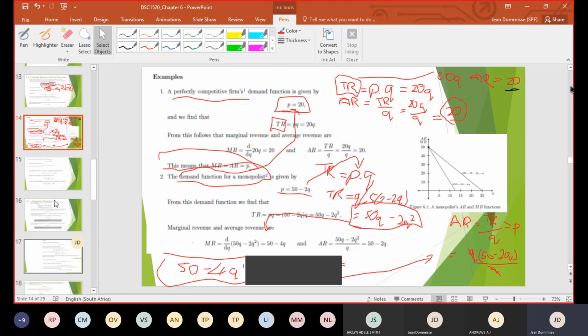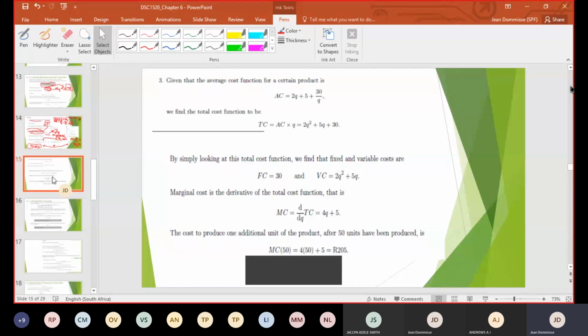Okay, so that is nearly a quick summary of that, but I think there's one more that is probably a bit more difficult. We'll always need to look at the difficult ones as well, because that is probably how it's going to be in the exam. So now they tell us, and I think that is the important thing of how we link everything together, that given the average cost function of a certain product is that.